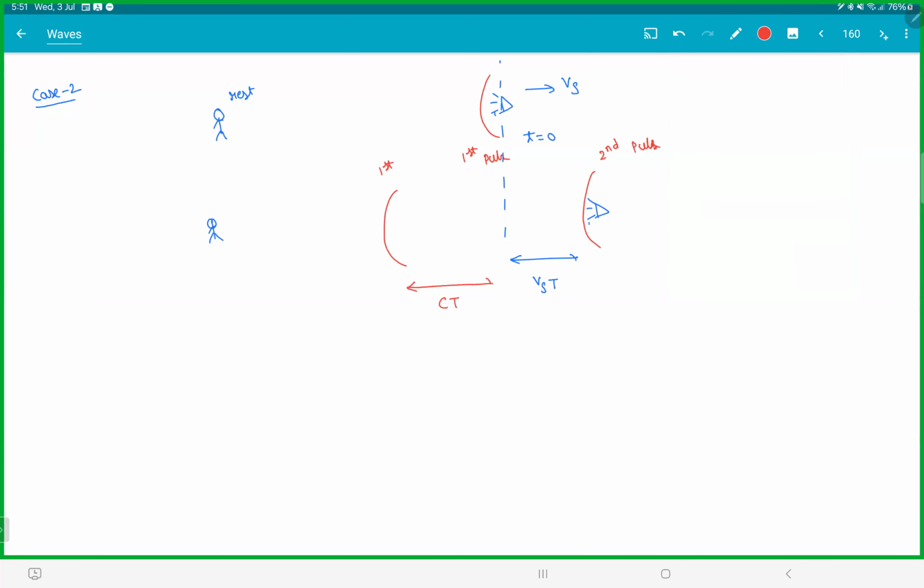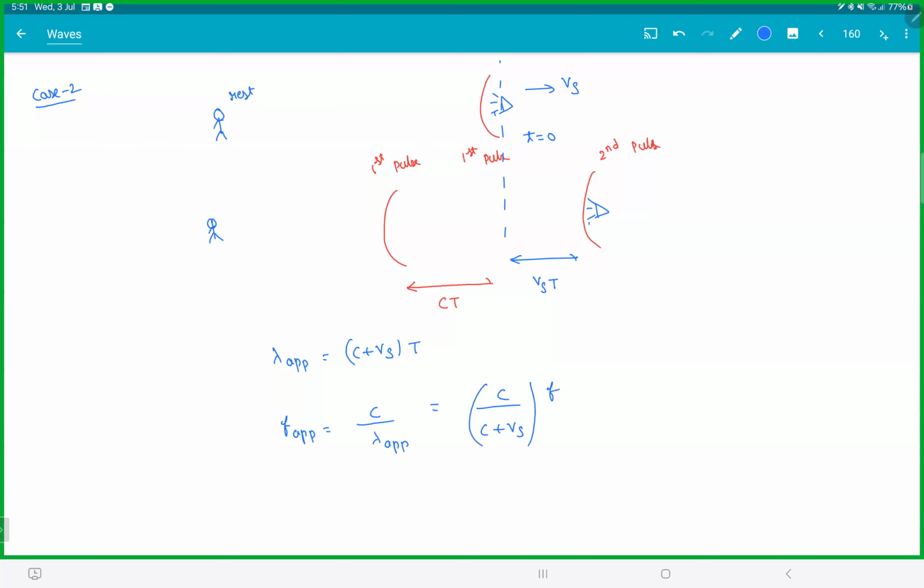Now the person thinks the distance has increased. Now your lambda apparent becomes C plus Vs into T. And f apparent would be the speed of sound by lambda apparent, which would be C by C plus Vs, and T is 1 by f.